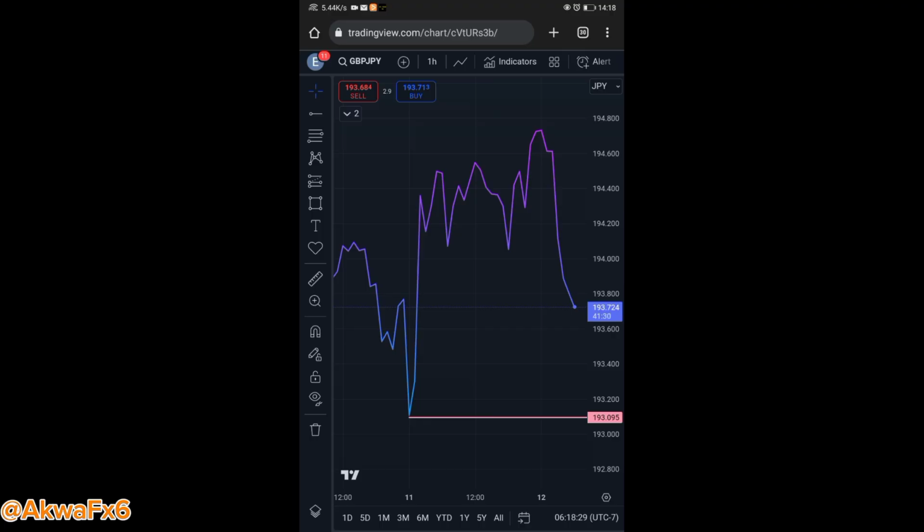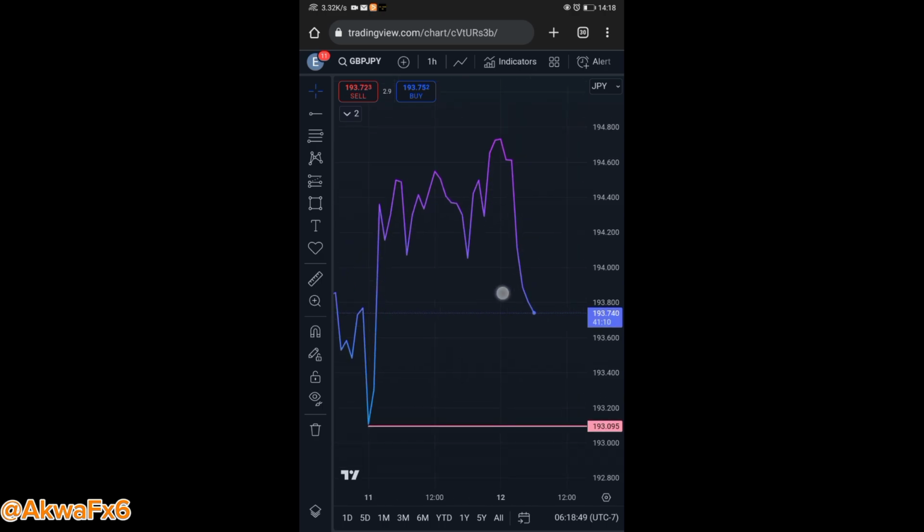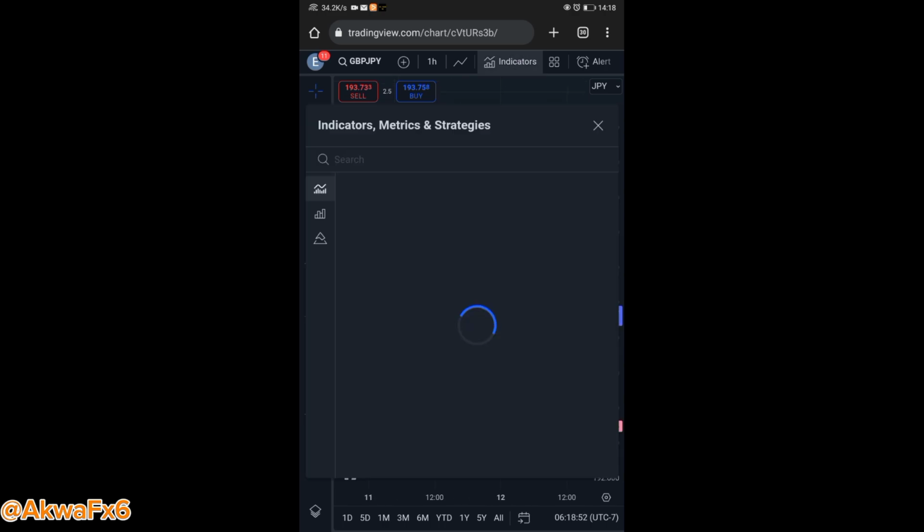So right here I'm on the GBP 1 hour chart. First, like I said, you have to know the trend of the market. But before we start, let's go to the indicators we really need for this strategy. First, go to your indicators.